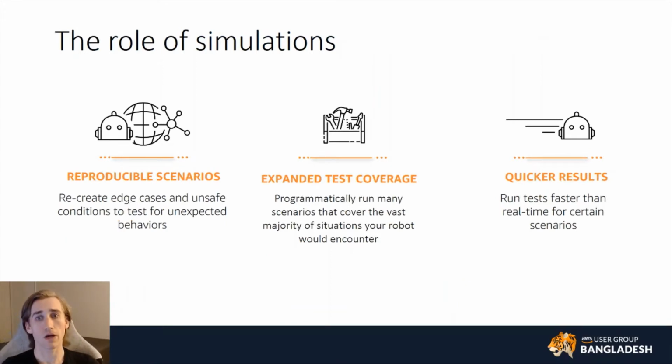And so really why simulations, we'll talk about this in a little bit more detail, is that you're trying to validate that your robotics application works very much like you would a unit test or integration test in a typical software development cycle. And so being able to run simulations in the cloud and at scale really does make it more similar to that unit test or integration test than it has been in the past.